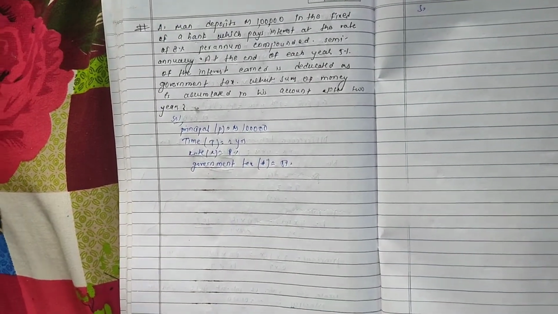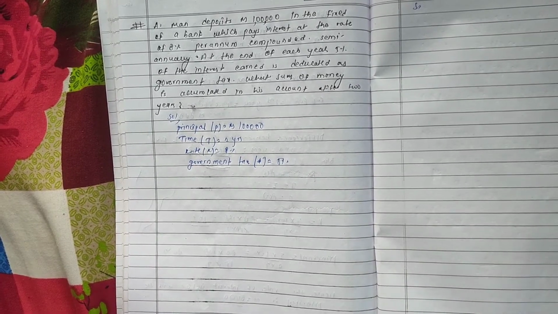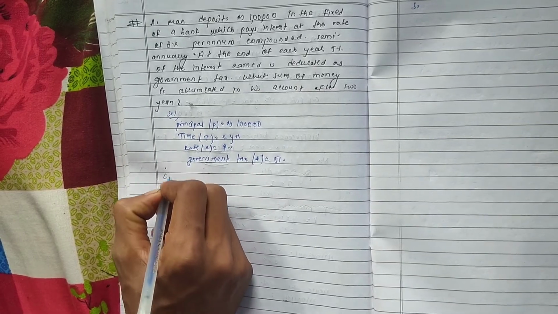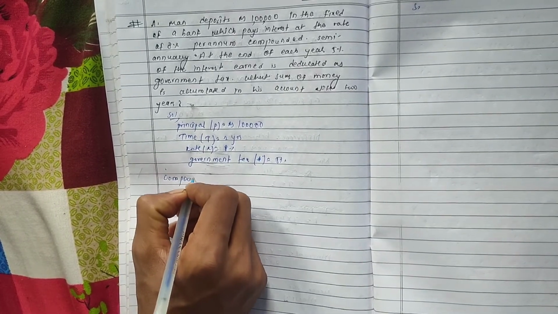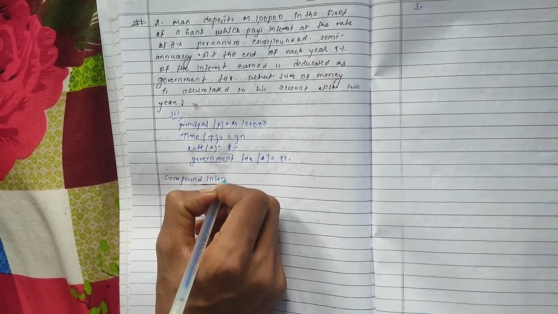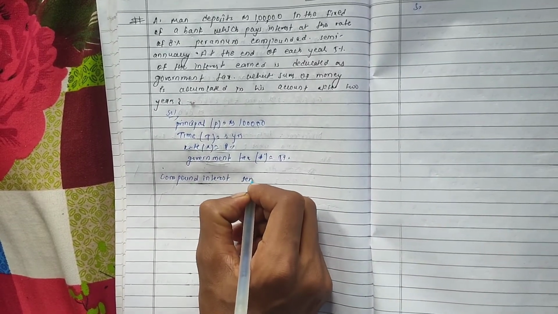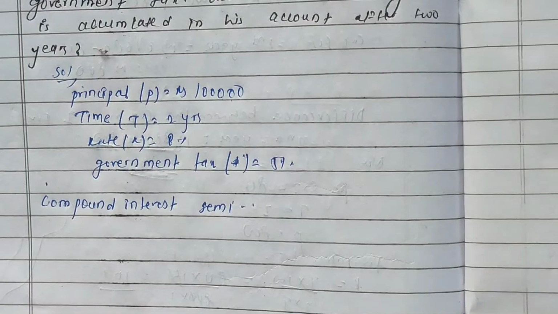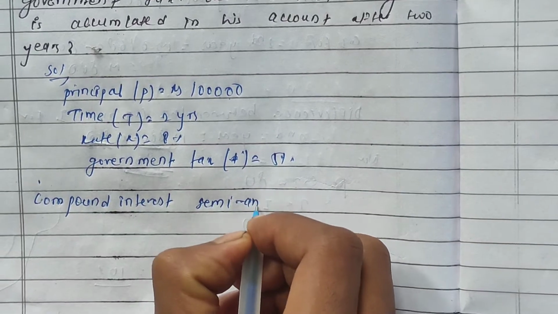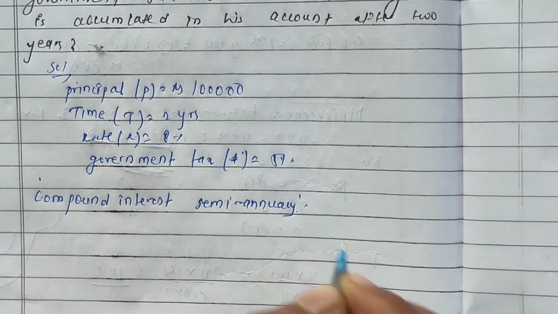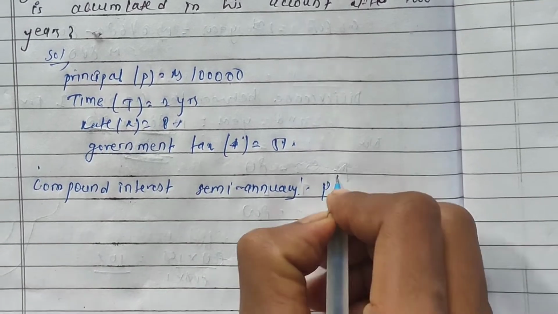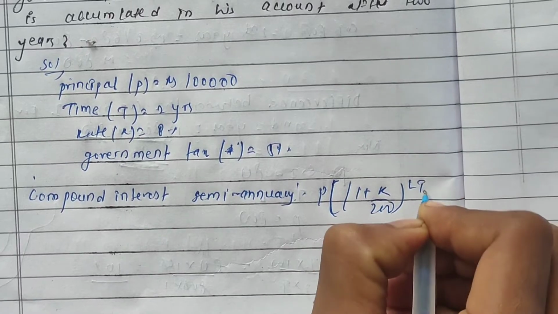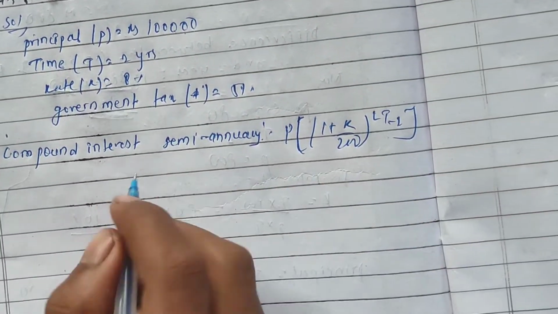Okay, so now first we need to find the compound interest for the first year semi-annually. So we know the formula, that is P into (1 plus R by 200) power 2t minus 1. Okay, this is the formula.